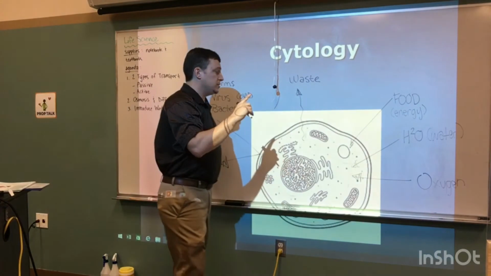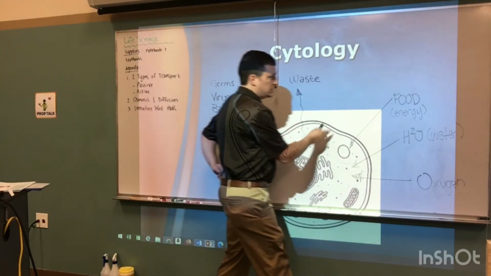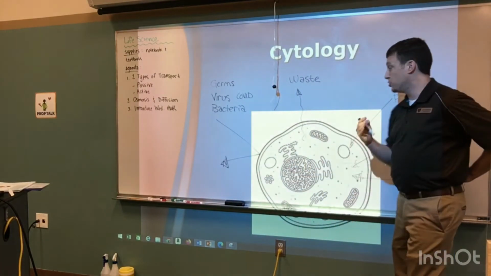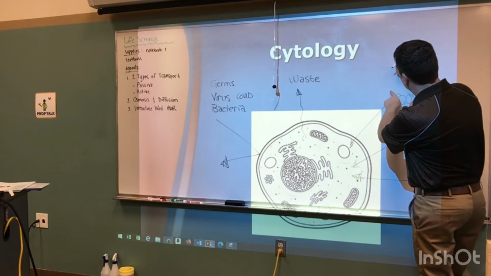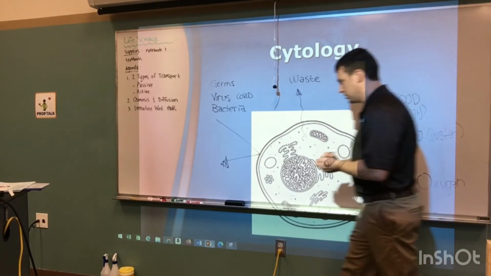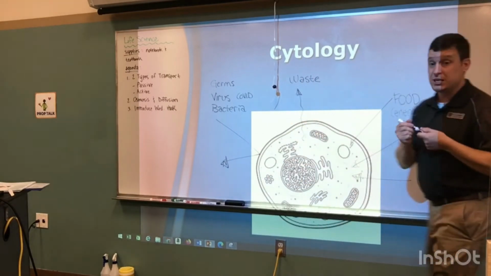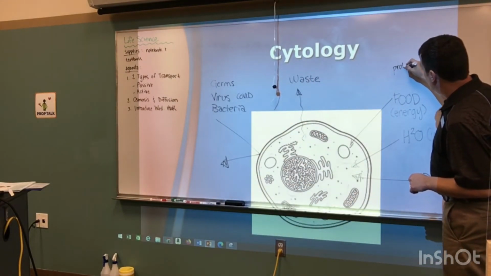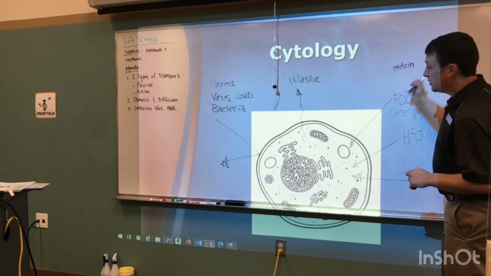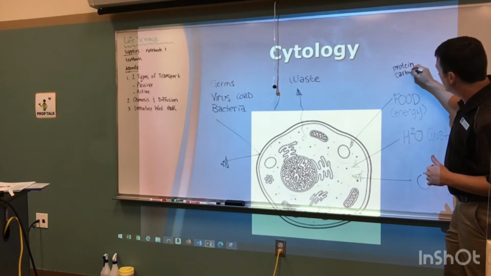Now, you bring up a good point, and I want to add this to our notes, okay? In fact, some of the things that your food brings to your body are called proteins, and we get that a lot through meat. Another thing we get from our food are carbs. Yummy.